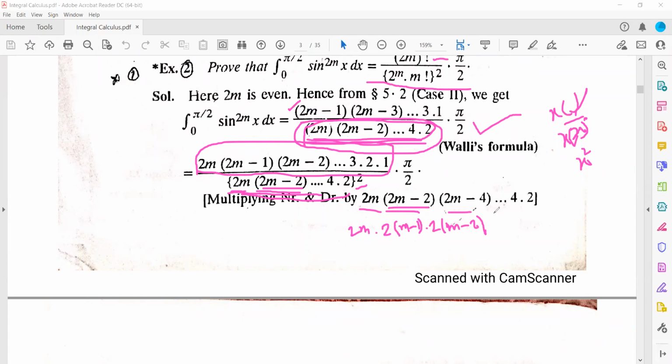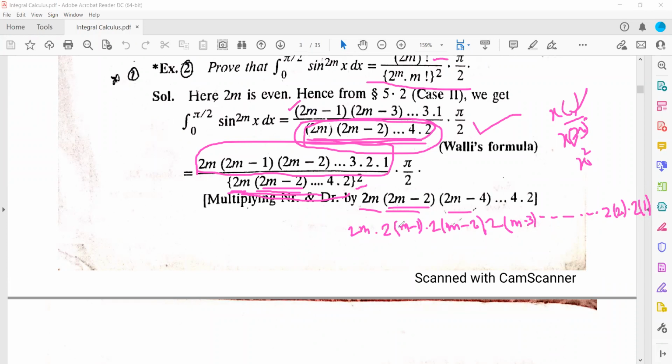Twice m minus 6. If you take 2 common, it will be m minus 3. So like this, just go on. From 4, taking 2 common, so 2 into 2. Then from 2, taking 2 common, it will be 2 into 1.